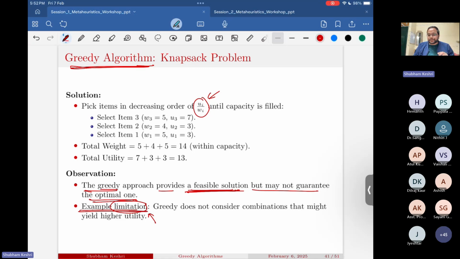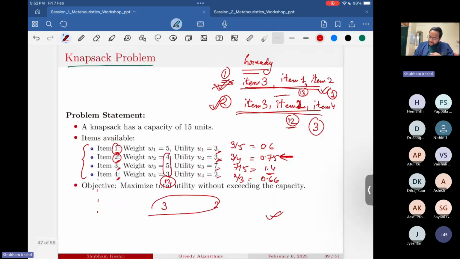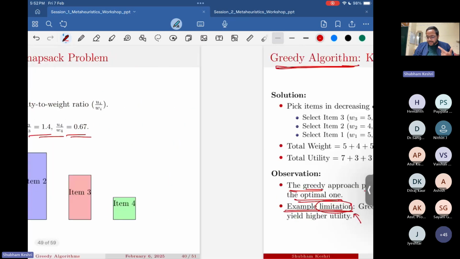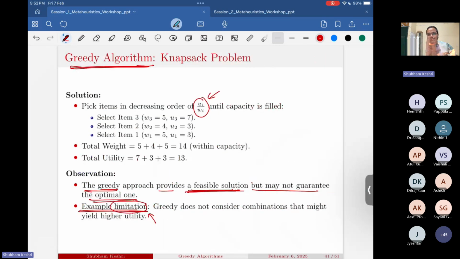Over here also you can see for this example that the ratio method is giving us a utility of 12 instead of 13. So there is some issue with this approach, but still it gives a good solution, and that is why this is a heuristic; it may not give an optimal solution. This is why it is known as a heuristic.